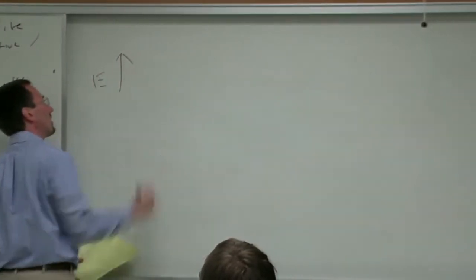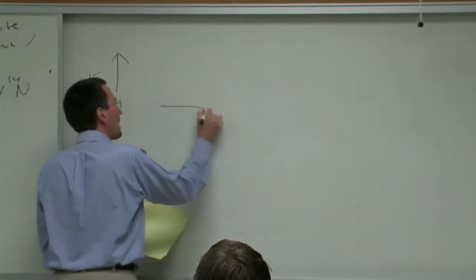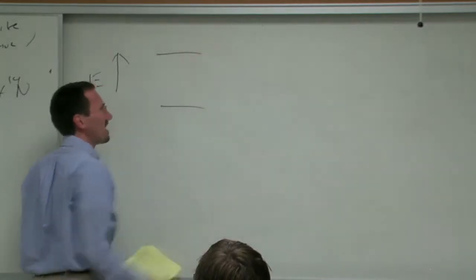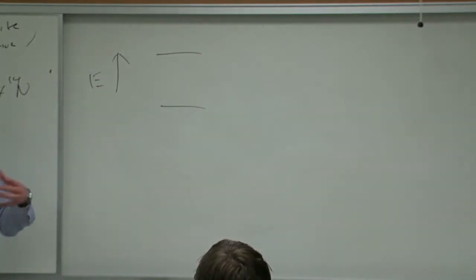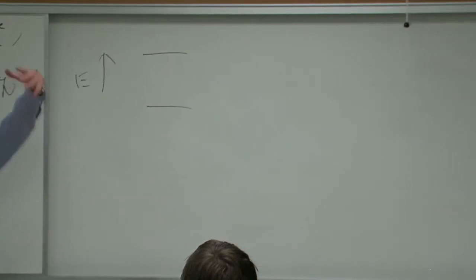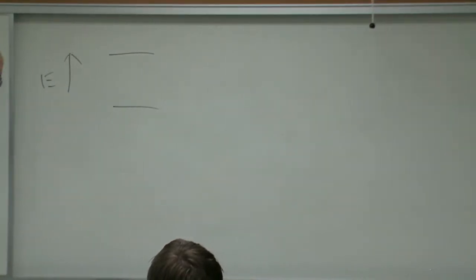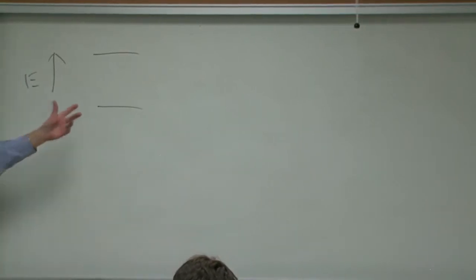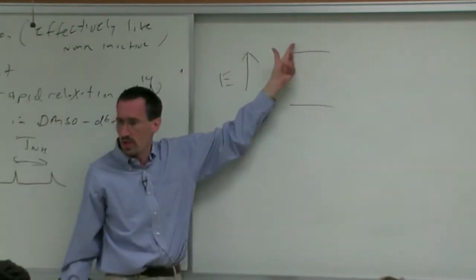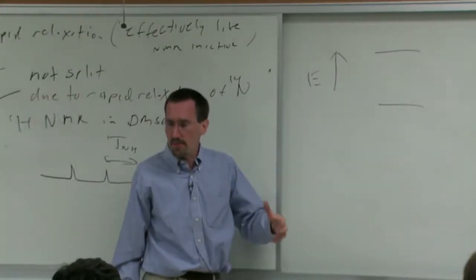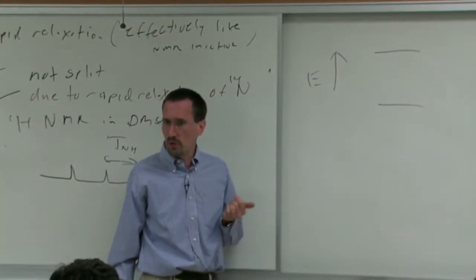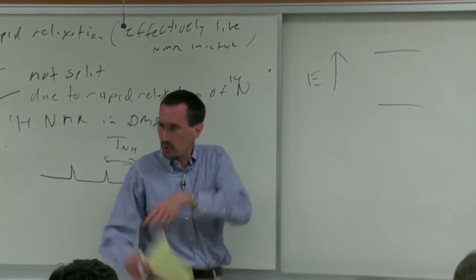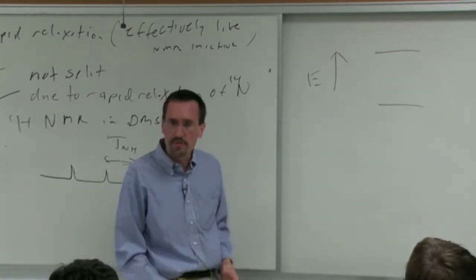So I can make a little diagram, E, and I can show, just like you learn in electronic structure, where you learn, for example, you have pi orbitals and pi star orbitals, and you have populated electrons in your two orbitals. Here we can think about populations of nuclei. It's a little bit different in the sense we're talking over the entire sample.